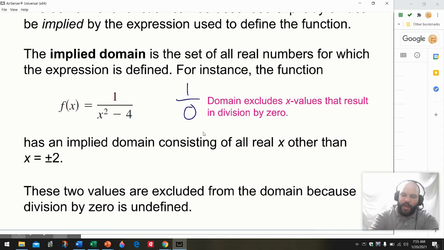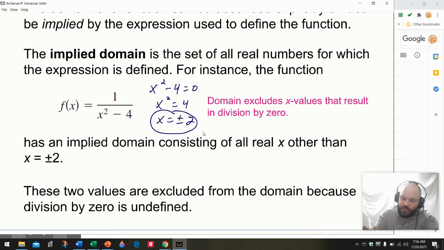So if you have a function that has a variable on the bottom, you need to determine what numbers would make that bottom 0 and then eliminate them from the domain. In this case, I take this x squared minus 4 and set it equal to 0 and solve it. You can see that the number 2 or -2 would make the bottom 0 if I plugged it in. Therefore, we have to restrict our domain to exclude the numbers 2 and -2.